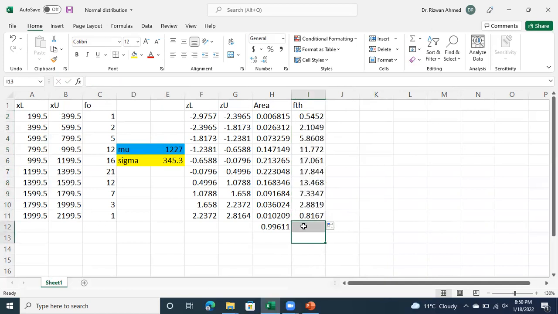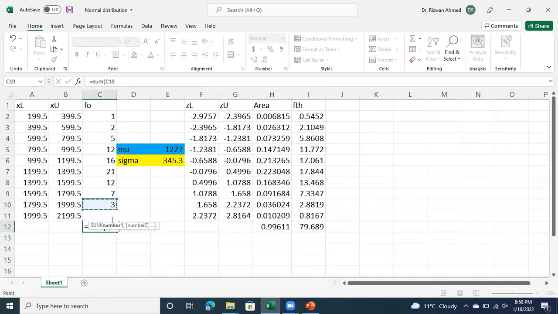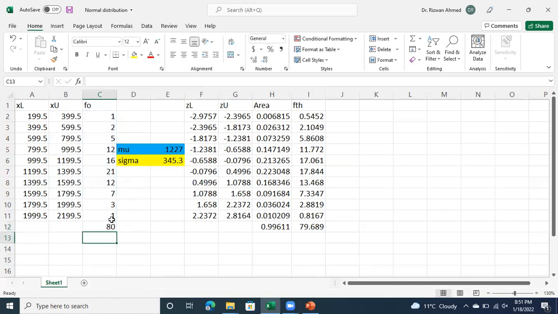If I compute the summation here, it's close to 80, which is equal to the sum of the observed frequencies, and which corresponds to the total number of observations taken.